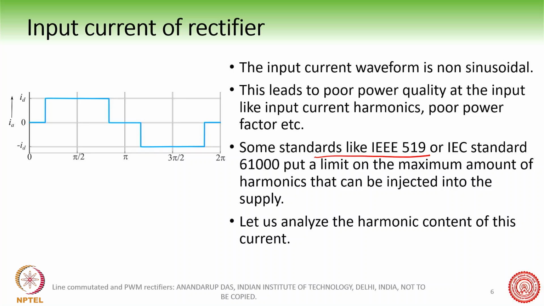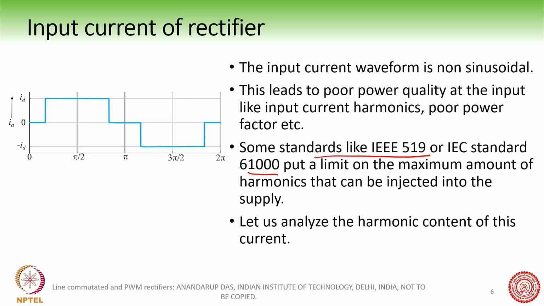Suppose you build a product which has a diode rectifier at the front and you want to sell this product in the market, then you have to comply with certain standards like IEEE 519 or IEC standards. If you do not comply with these standards, you will not be able to sell this product in the market.